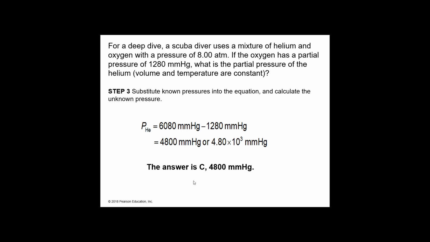Now, we can take this 6,080 millimeters mercury, which is our total system, and subtract the partial pressure of oxygen, which is the 1280 millimeters mercury, and that leaves us with an answer for the partial pressure of helium of 4800 millimeters mercury, or 4.80 times 10 to the 3 millimeters mercury. So this answer would be C.